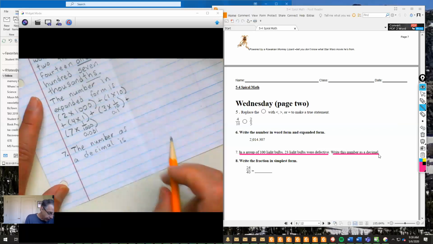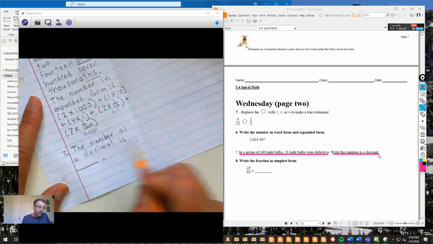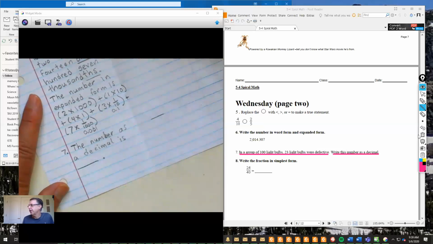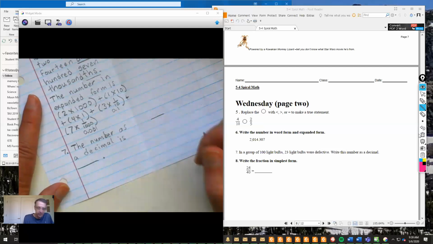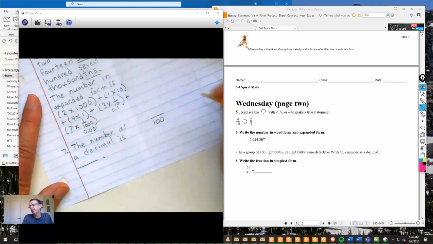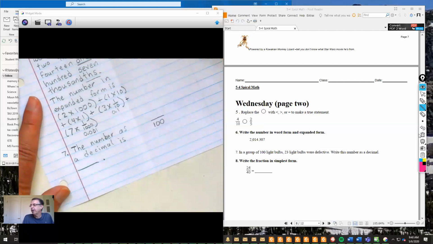The way I'm going to do it is I'm going to first write a fraction to show the number of defective light bulbs. I know that in the word problem, it's telling me that there were 100 total light bulbs. So I'm going to put down here as my denominator 100 total light bulbs. But there are 23 out of those 100 that are defective.